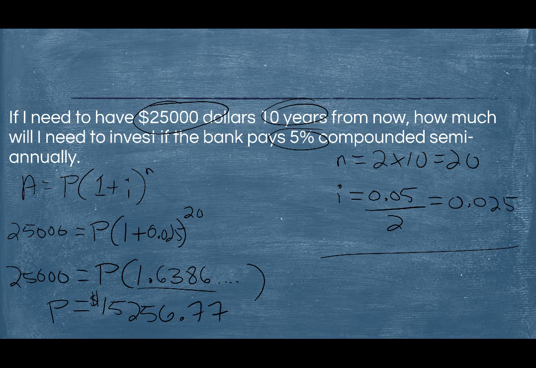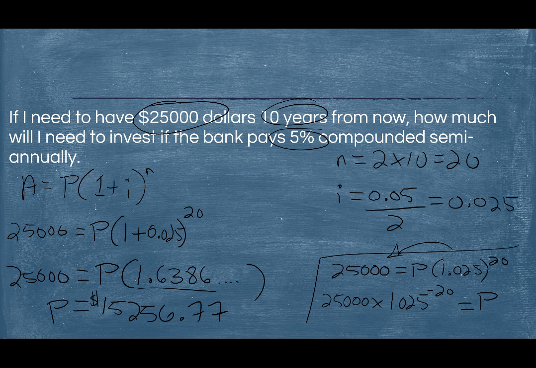Alternate solutions to this would be if you take that exponent 20, just to show you over here, 25,000 equals P times 1.025 to the power of 20. So if I move this whole chunk to the other side of the equal sign, I can write that as 25,000 times 1.025 to the power of negative 20, which is actually the way I typed it into my calculator, though I didn't tell you guys.